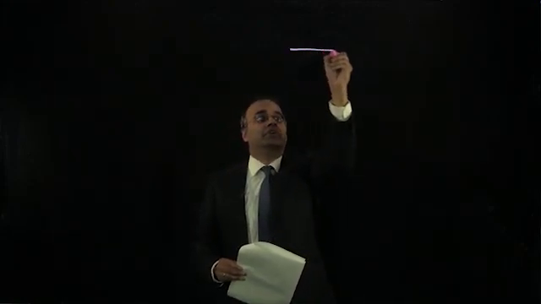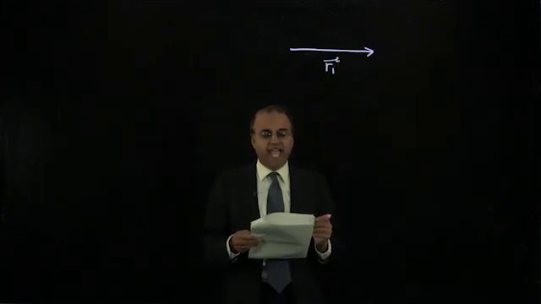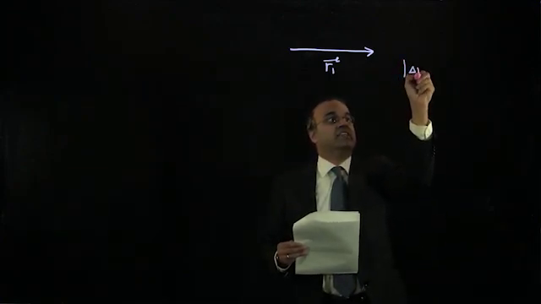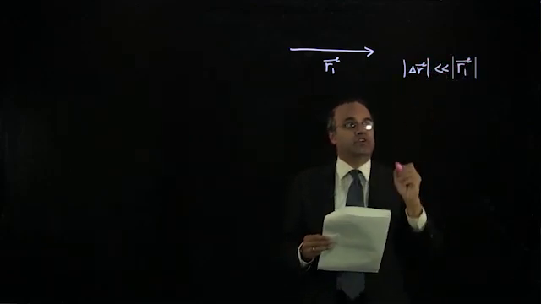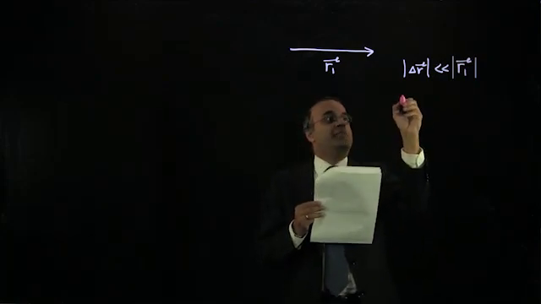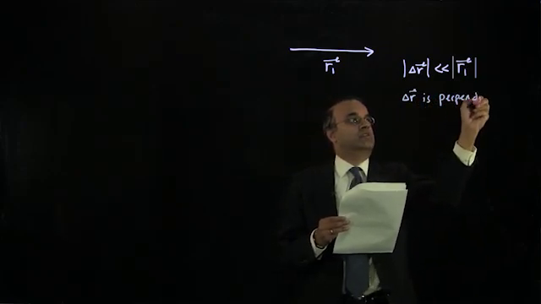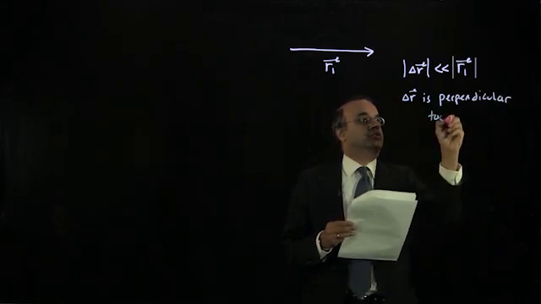Before we can understand precession more carefully, it'll be useful to review the mathematics of rotating vectors. So first, suppose we have a vector that I'll call R1, and I'm going to add a vector delta r to this, and I'm going to have the condition that the length of delta r is much, much smaller than the length of my original vector R1, and that delta r is perpendicular to R1.